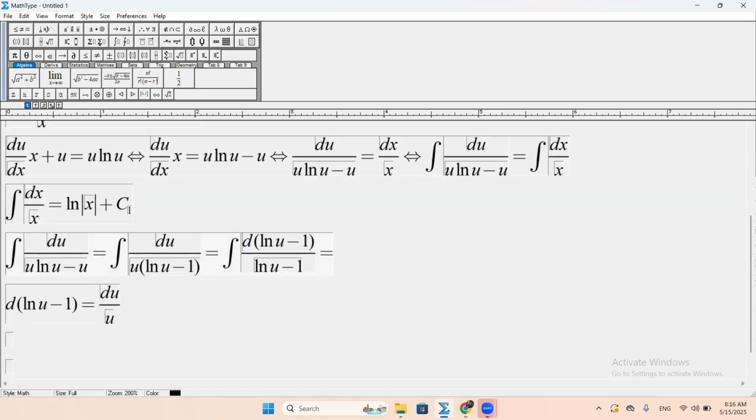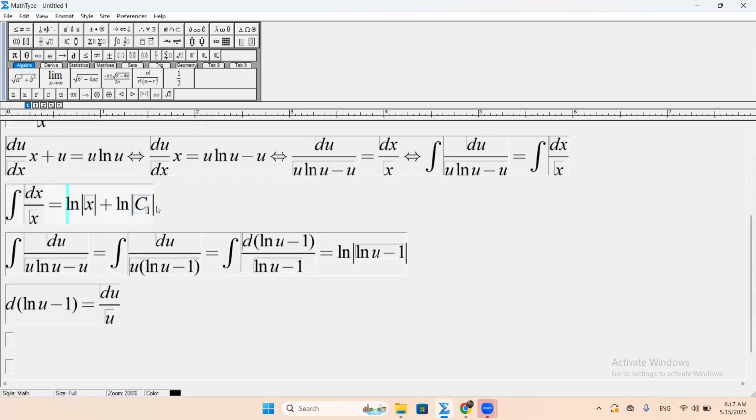So we have the logarithm of u minus 1, but the modulus, of course. Okay, let it be the logarithm of the modulus of c1 here. We really need it in such a case.